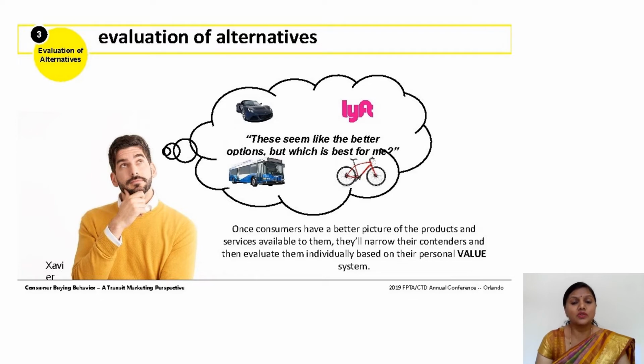So there are many products available in the market. According to his requirement, his necessity or need, what is more valuable for him, that he is going to identify and he will go and buy the product.